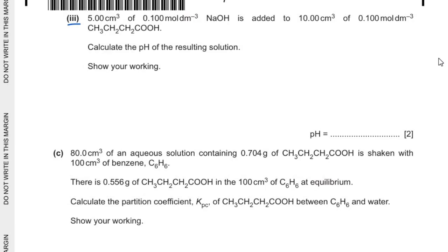Now the third part is 5 centimeter cube of 0.1 mole per dm cube NaOH is added to 10 centimeter cube of 0.1 moles per dm cube of butanoic acid. Calculate the pH of the resulting solution. It's clearly written, show your working. Now let's understand what is happening here.